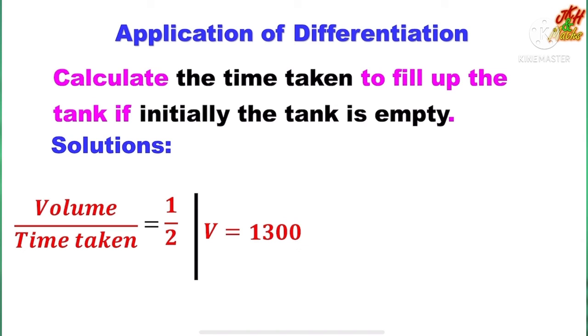Then we substitute the value of volume equal to 1300π into the equation, giving us 1300π over time taken is equal to 1/2. Then we multiply both sides of the equation with time taken, and also multiply both sides with 2.